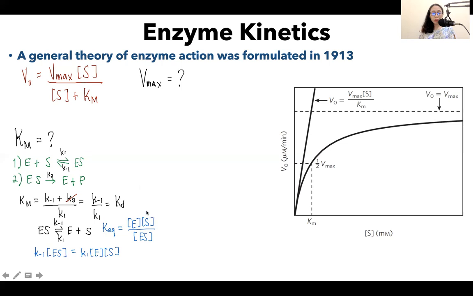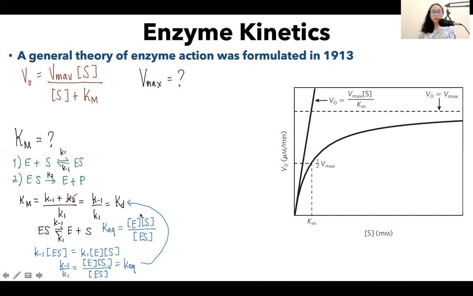So if we obtain this expression from this equation, then we will have K negative 1 over K1 equal to E times S over ES, which is the equilibrium constant expression, more commonly known as the dissociation constant.